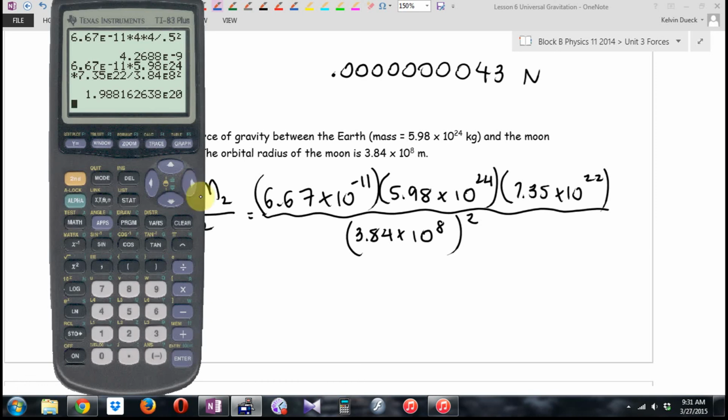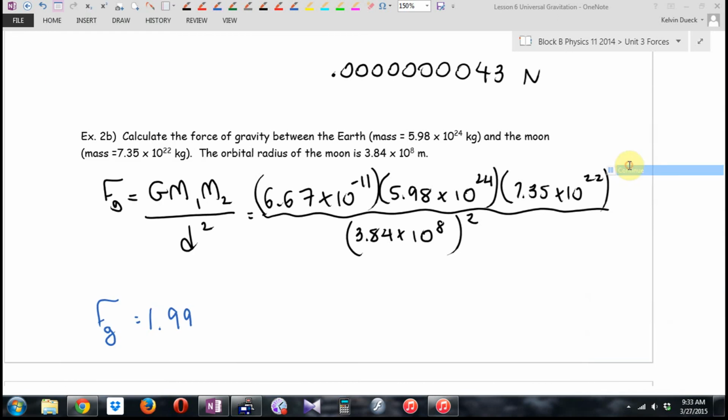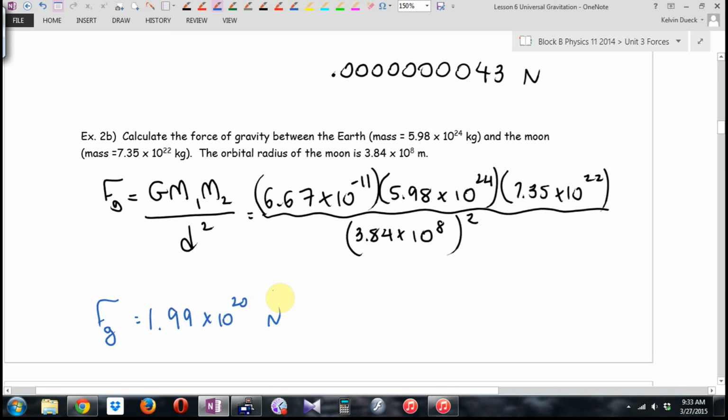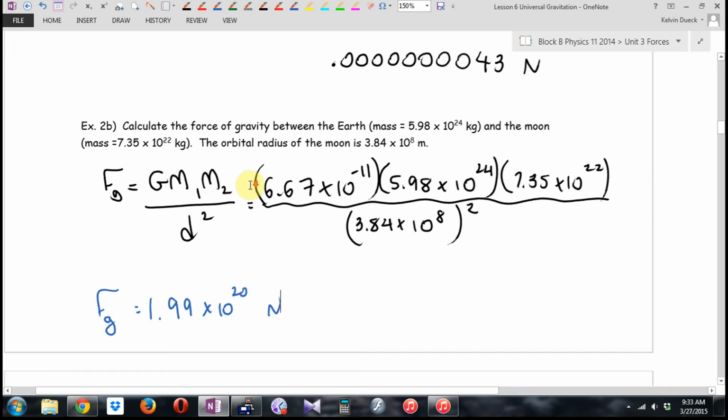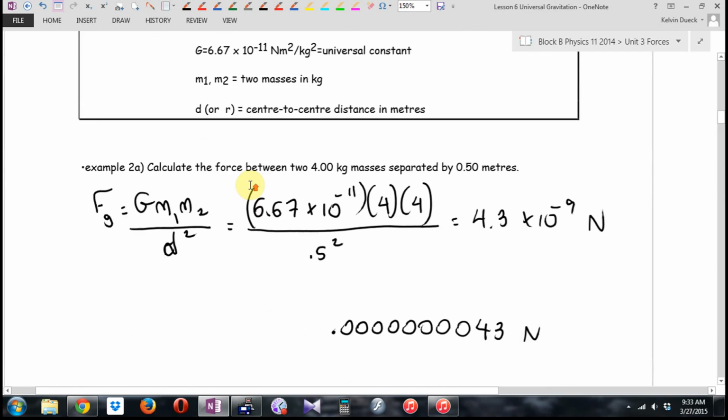Yep. Okay, let me pause the video. It's the same equation, but my type is 1.99 times 10 to the, what did I say? 20th newtons. The Moon's not going anywhere, and neither is the Earth. It's a pretty big force. Now, turn the page.